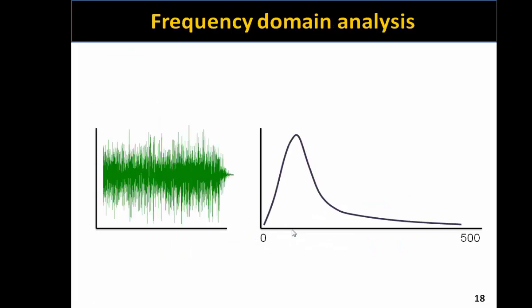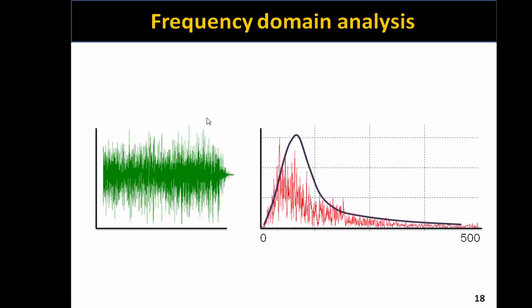So I want to touch on one more mathematical or processing approach, and that's frequency domain analysis. And so we'll talk a little bit about the time domain here. Whenever we talk about domain, it always refers to what is on the x-axis.